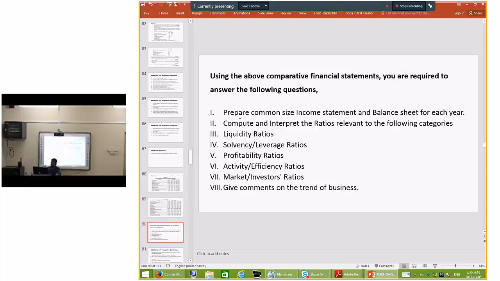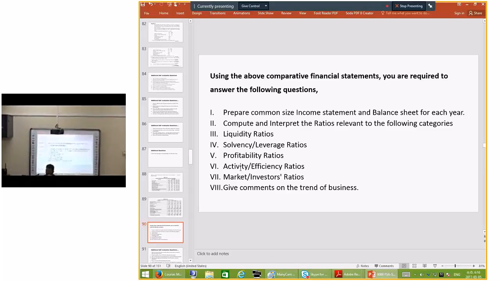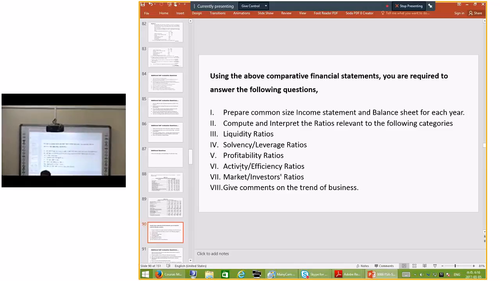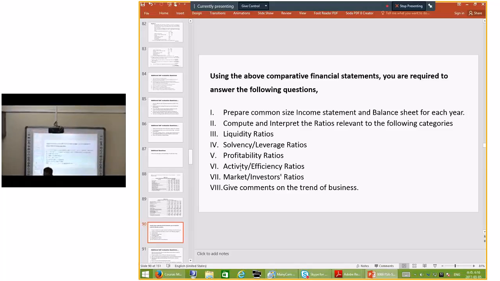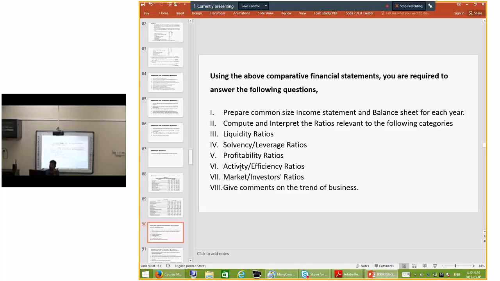Now asked to prepare common size income statement and balance sheet, compute and interpret ratios relevant to the following categories. Now you can see categories: liquidity, solvency, same type of problem. You can practice them. If you practice them easily, you can provide answers for that. And also this experience is very important to make decisions in practical scenarios.